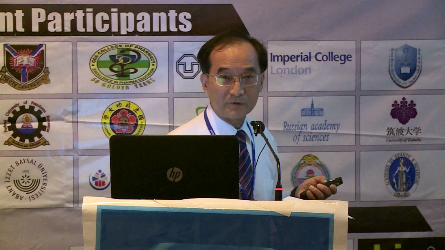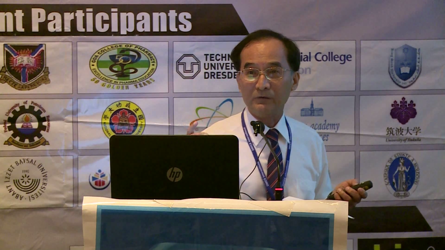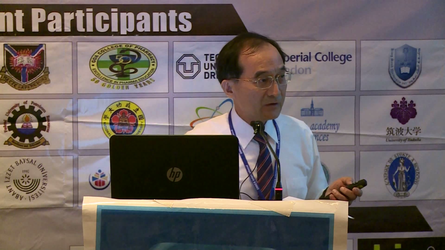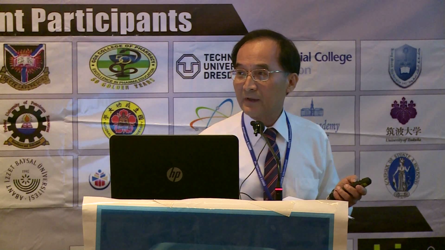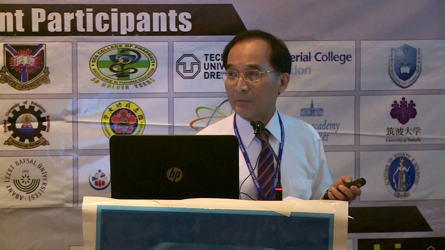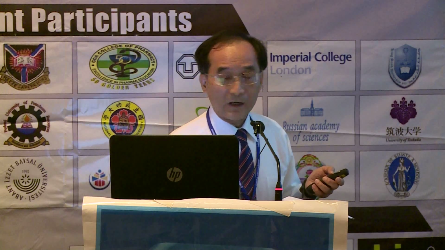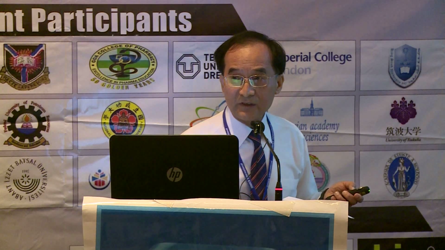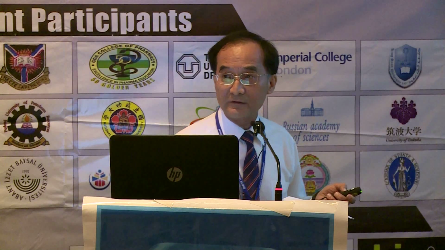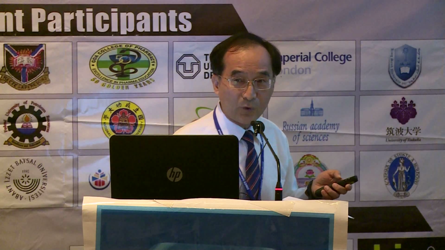Every day, the patient takes 3 to 4 antibiotics for 24 months. So it is very difficult for the patient and for the doctor, and it's a very heavy burden for the government. In Taiwan, to treat an MDR case, it takes $30,000. So it's quite expensive.